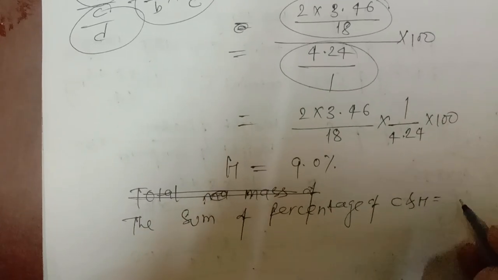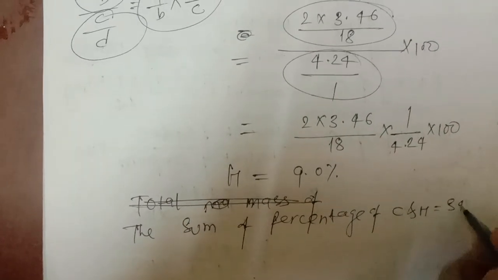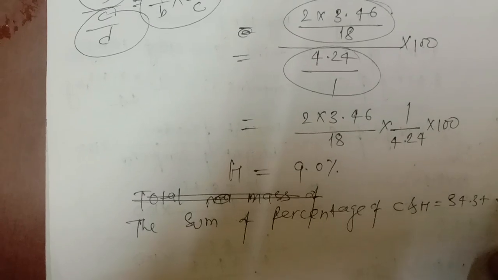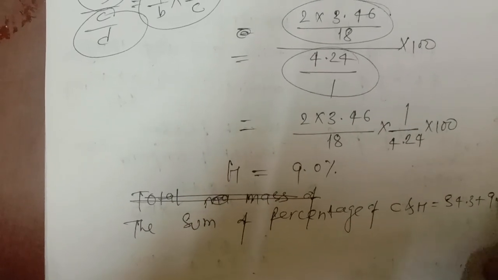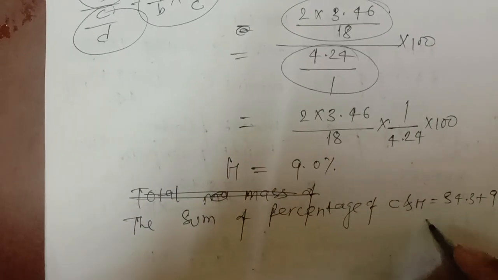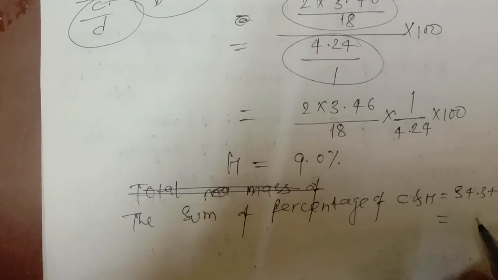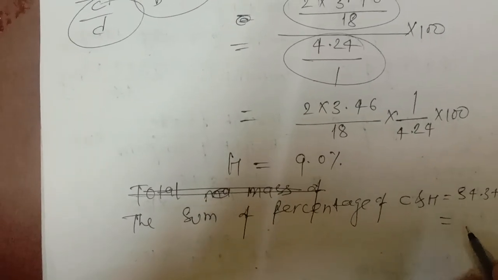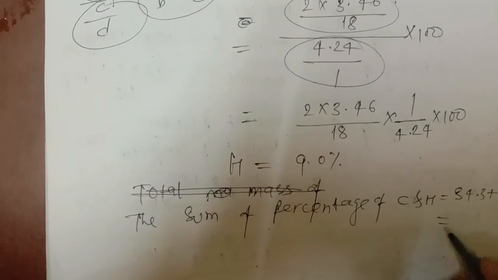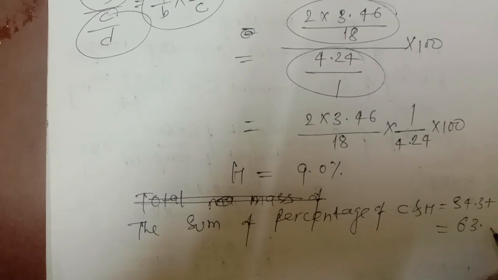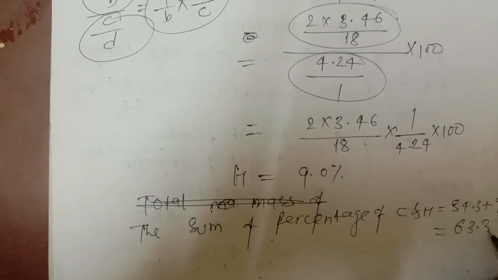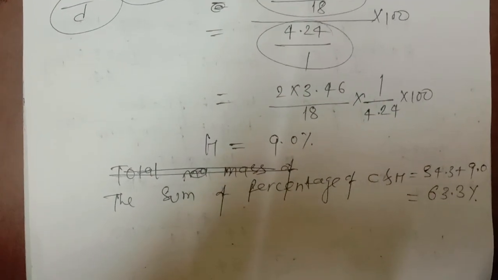Carbon is 54.3 plus 9% of the hydrogen. By adding, you will get 63.3%. Already I solved this, students.